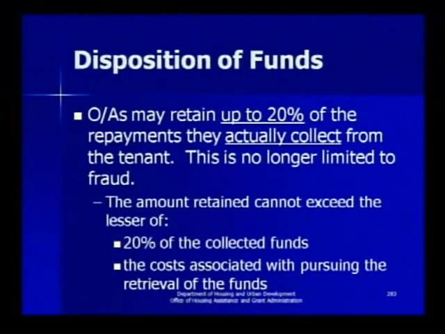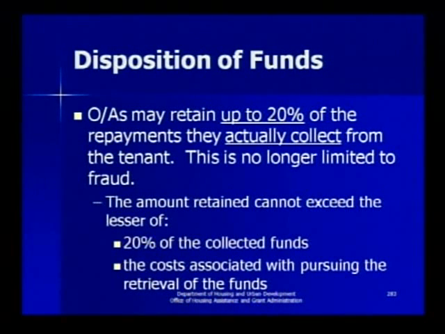Now, the OAs may retain a portion of the repayments they actually collect from the tenant. They may retain up to 20% of the amount they actually collect from the tenant. It's no longer limited to fraud, but it is still tied to the amount that is actually collected from the tenant.